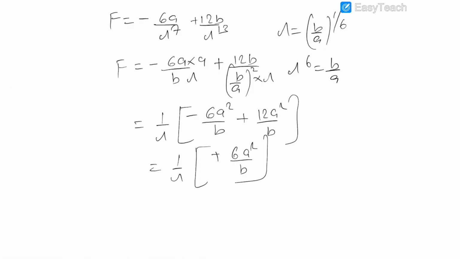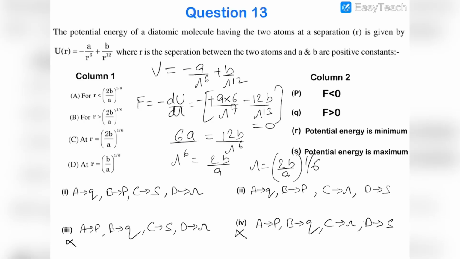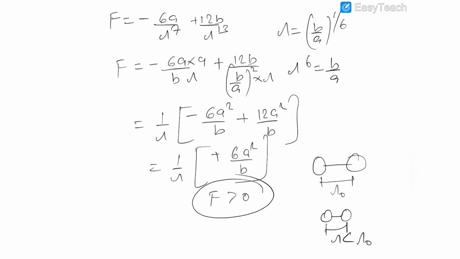So let us see that these are two molecules in a diatomic atom, and this is the equilibrium position. For a distance which is less than the equilibrium position, the force is positive. We have already checked for option A, which means that the force is repulsive.